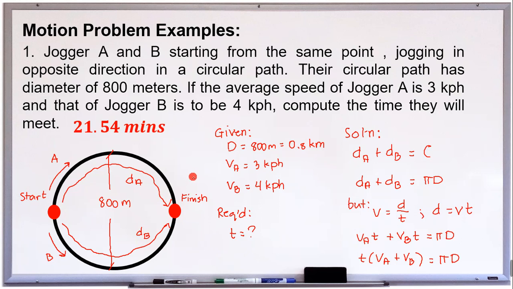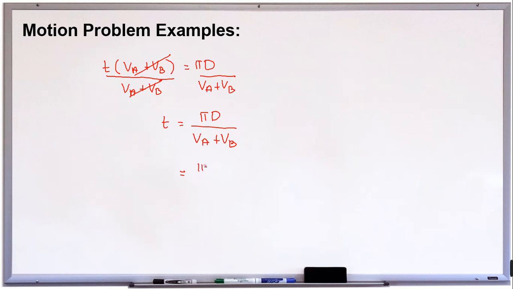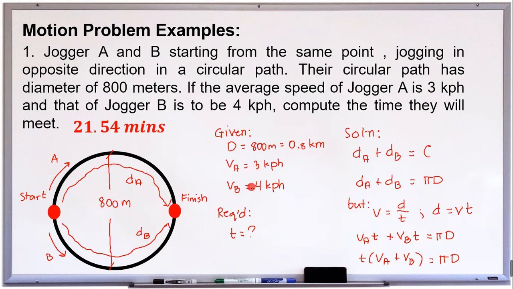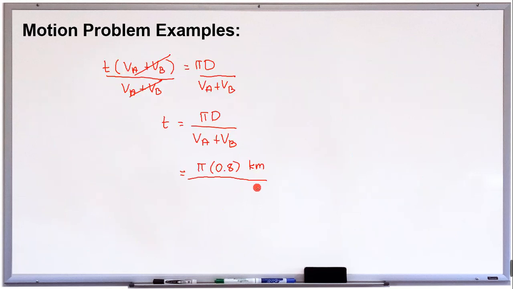Okay. From the previous slide, our d is we're going to use the 0.8 kilometers. So you have pi times 0.8, so this is in kilometers. And then our VA is 3 kilometers per hour, and then our VB is 4 kilometers per hour. So we have 3 plus 4, so this one is in terms of kilometers per hour.